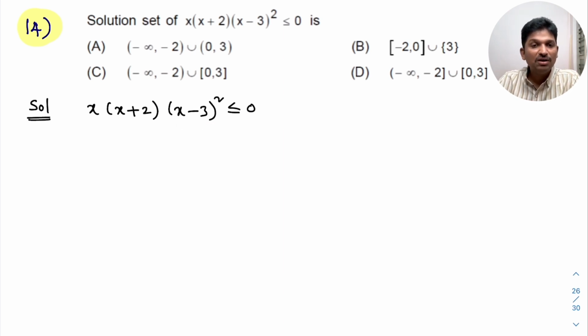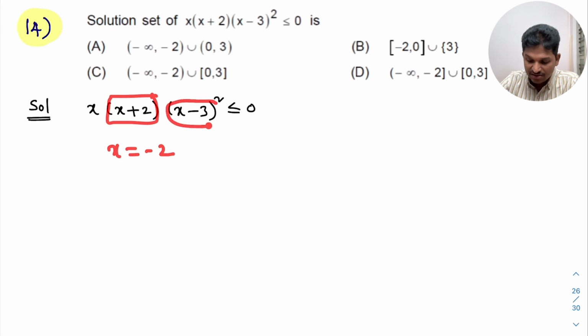Okay. Now, here less than or equal to is there. As these are linear factors, what I'll do now, directly I'll equate this to 0. X can be written as x minus 0. If I equate this to 0, I'll get x equal to 0. Equate this to 0, you will get x equal to minus 2. Equate this to 0, you will get x equal to 3.